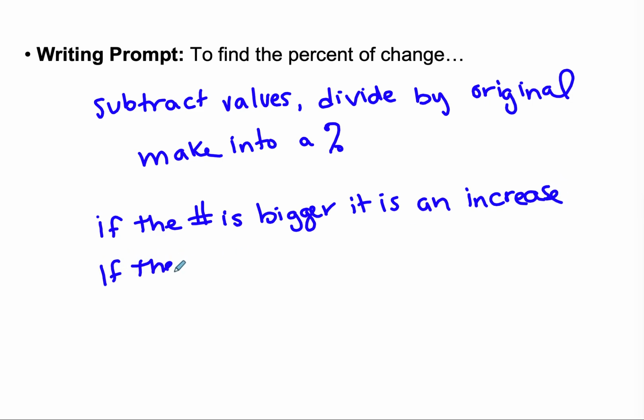If the number is smaller, it is a decrease.